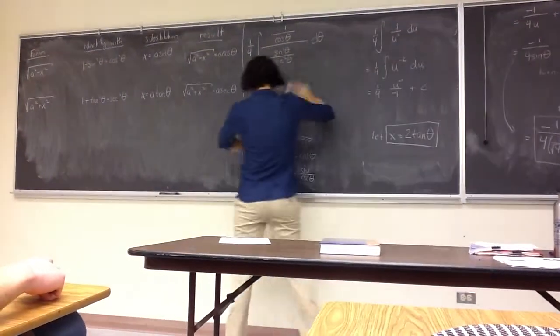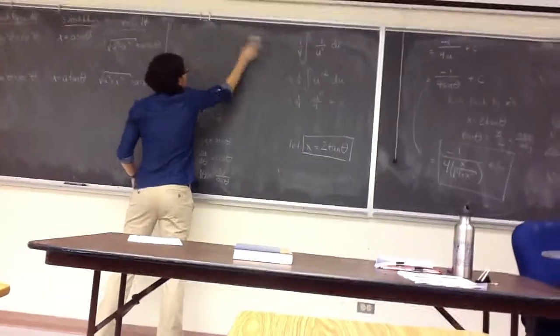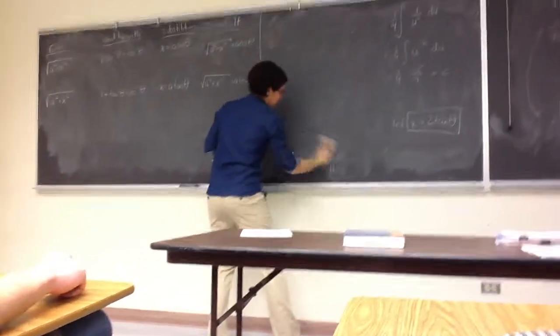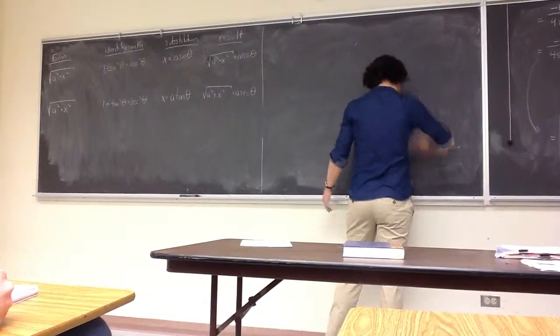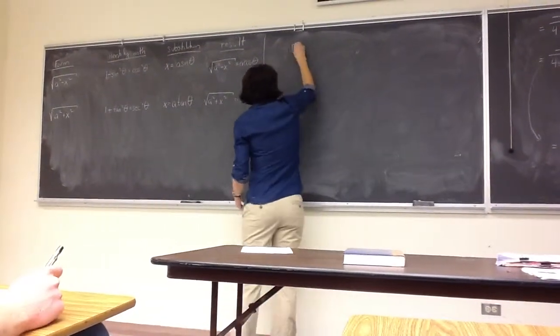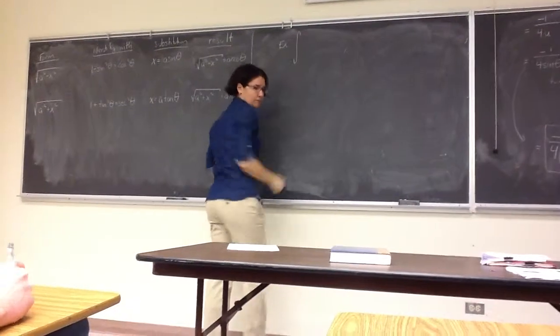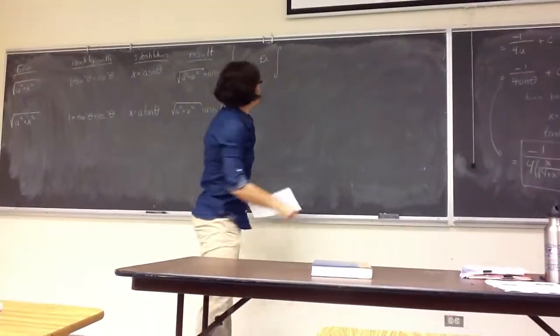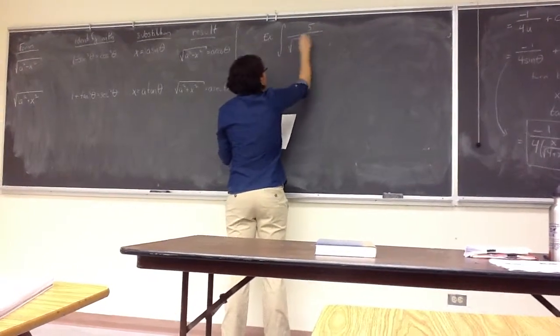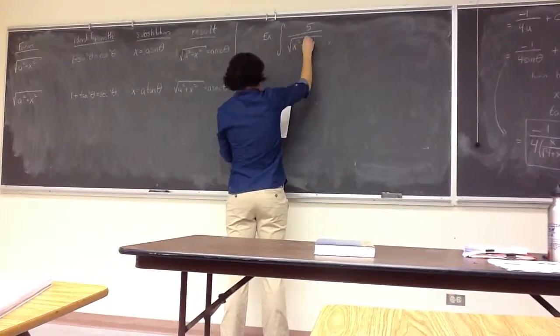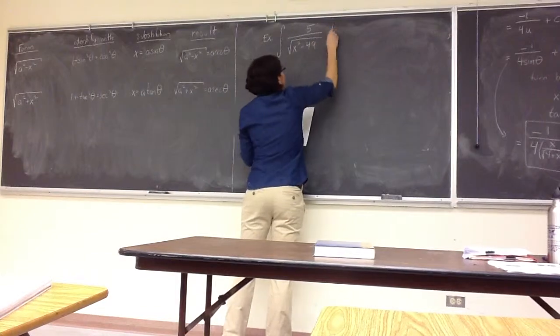All right, and our final example. Got the integral of 5 over square root of x squared minus 49 dx.